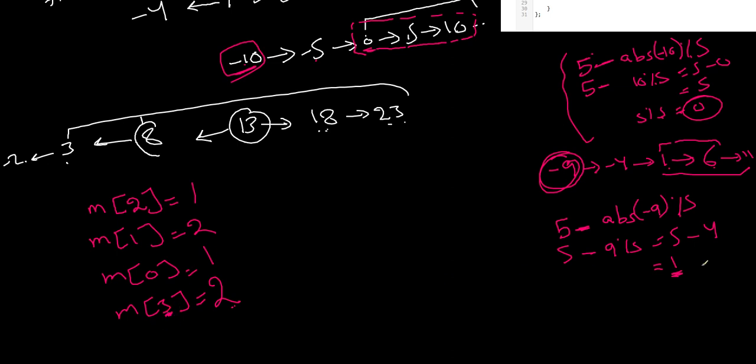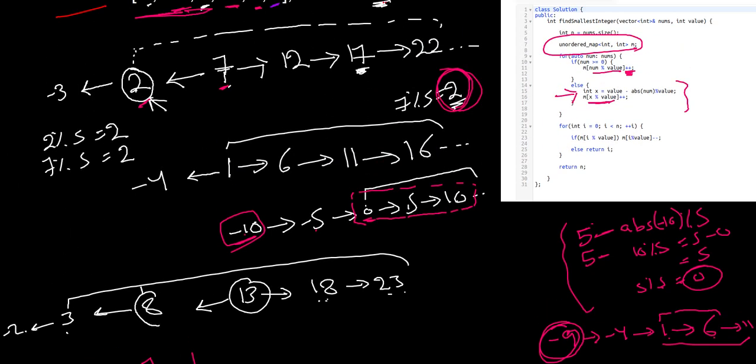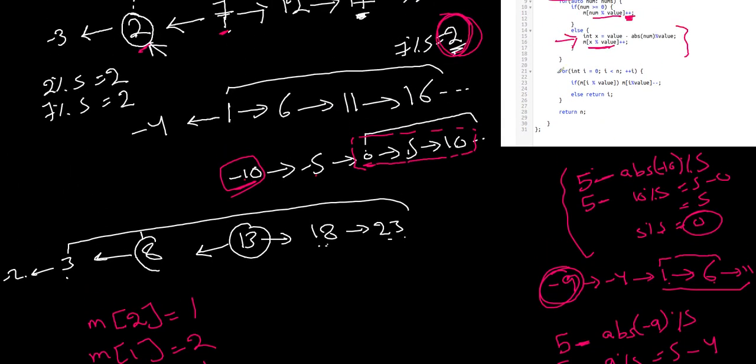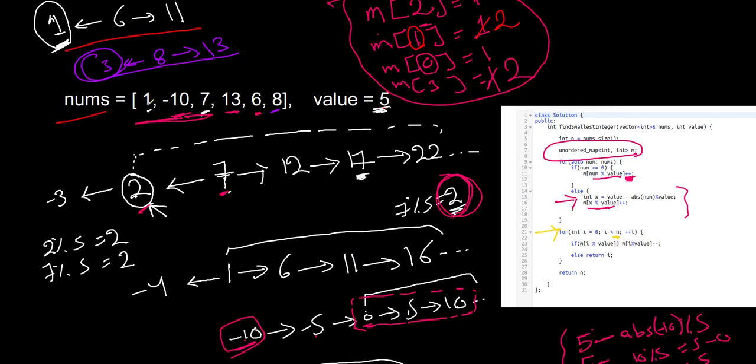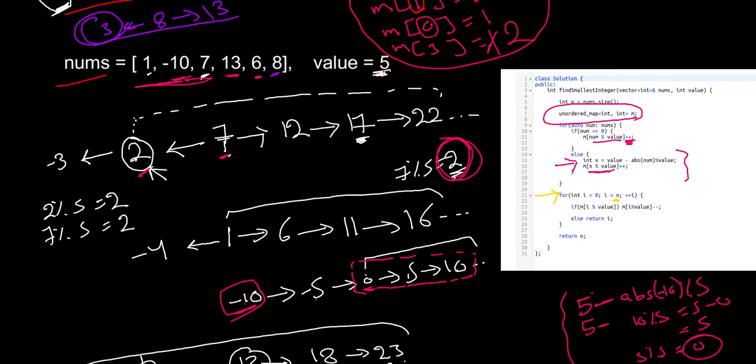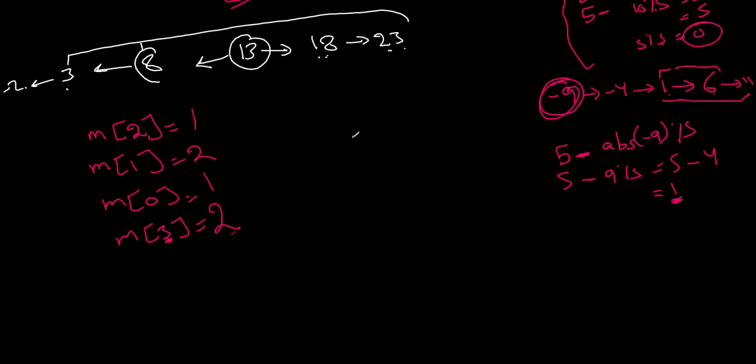Now what we need to do is incrementally check if we can cover numbers from 0 up to n. N is the number of values here, 1 2 3 4 5 6. So can we cover the number 0?